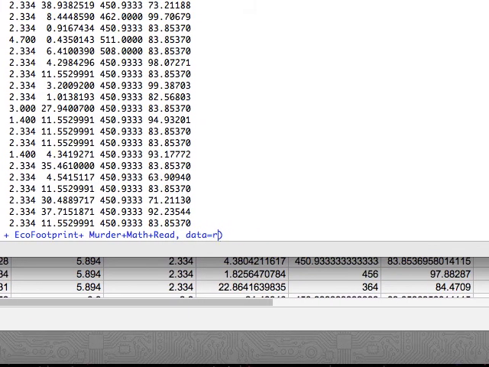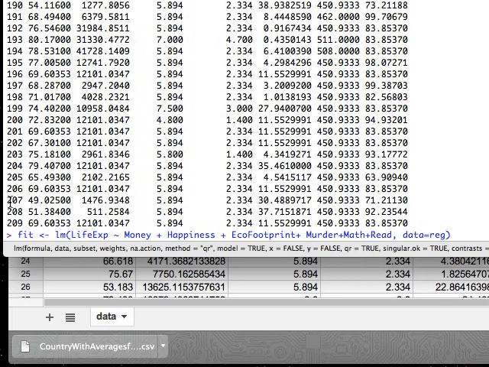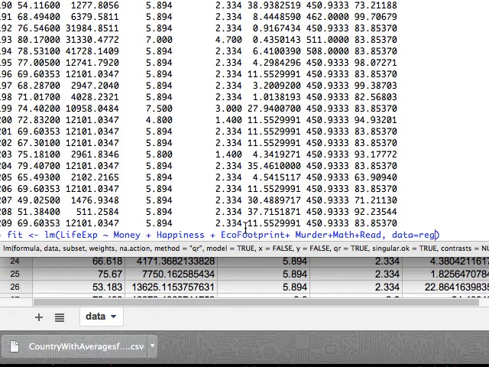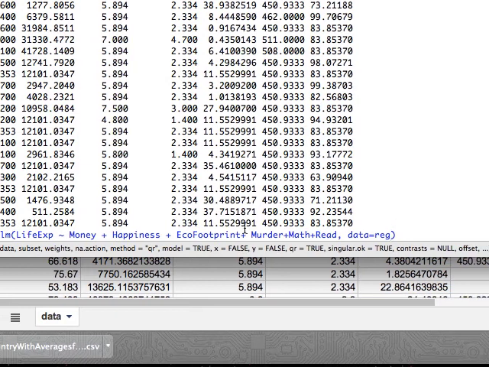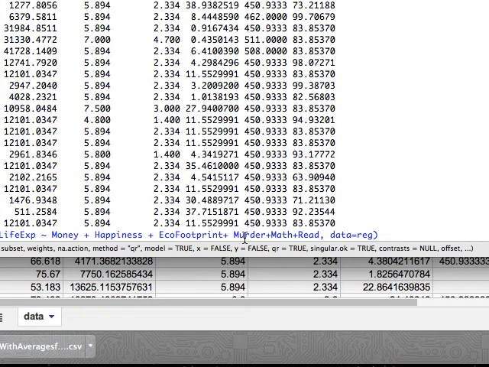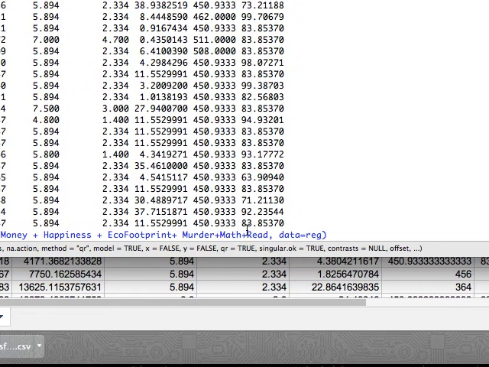Now we're going to use a function called lm, for linear model, and we're going to see life expectancy be predicted, so that's the little tilde, by money, happiness, ecological footprint, murder, math scores, reading scores.